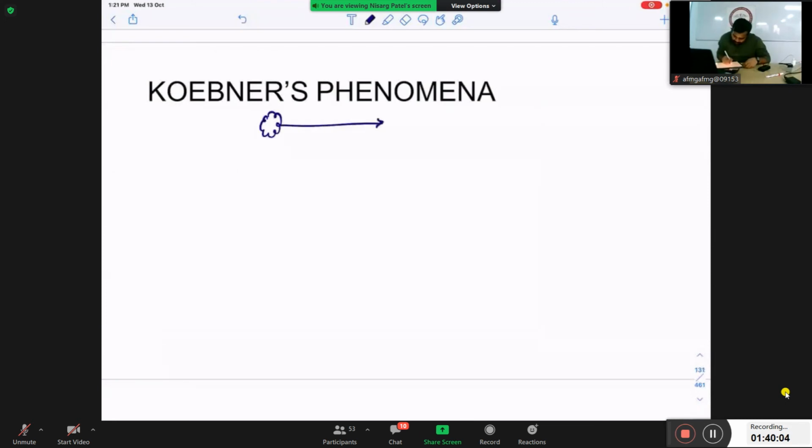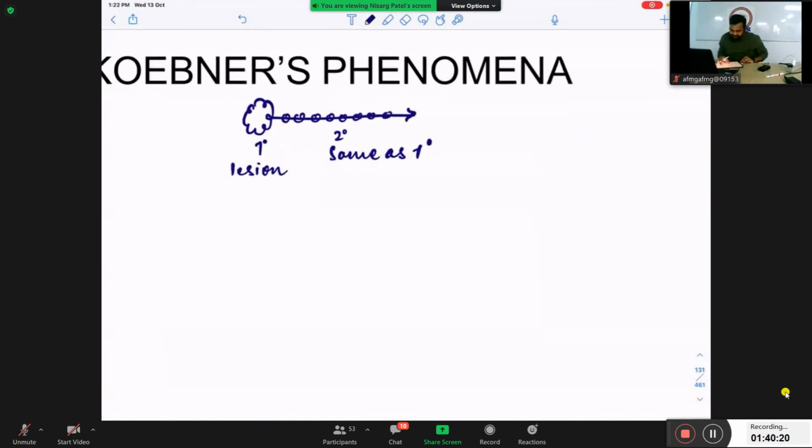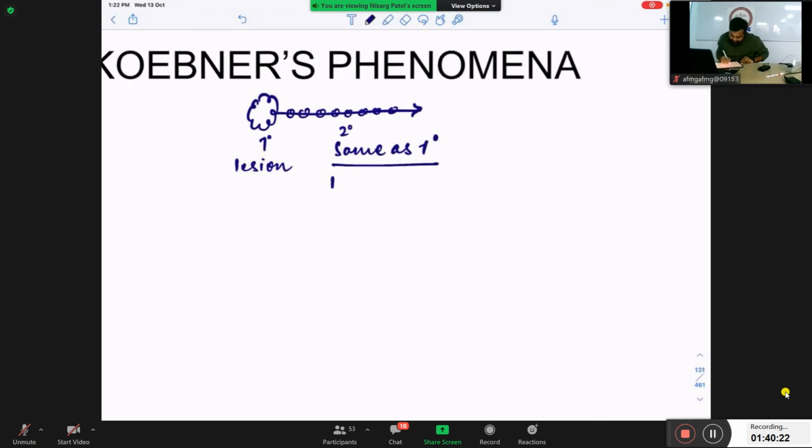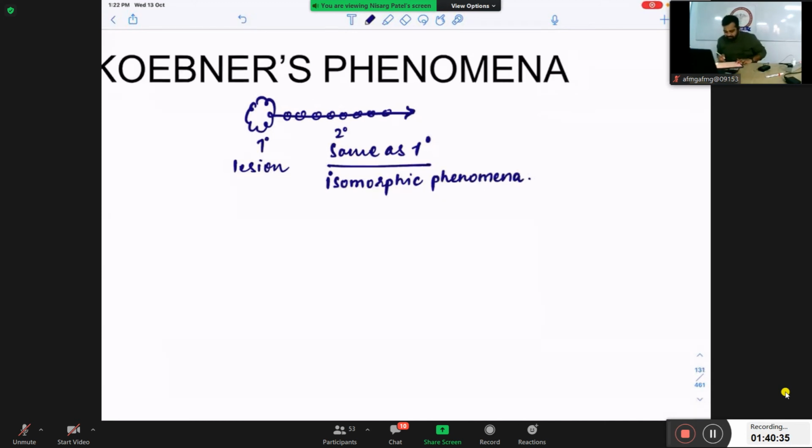On a linear trauma, if you have a similar lesion, this is my primary lesion and these are the secondary lesions, the same as the primary. Because of this, the phenomenon is known as the isomorphic phenomenon.